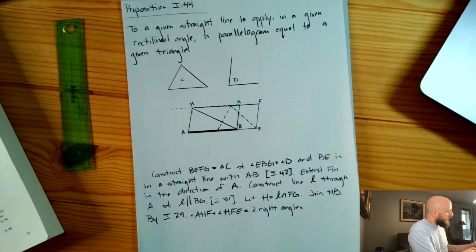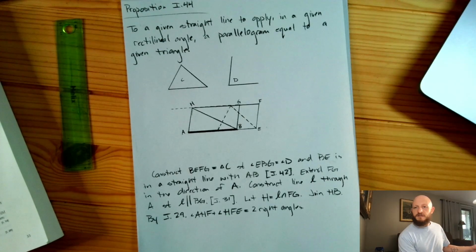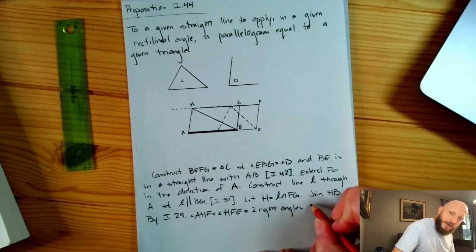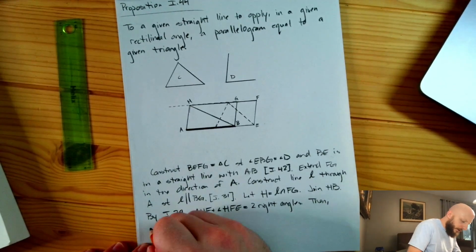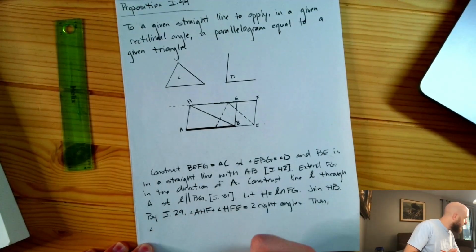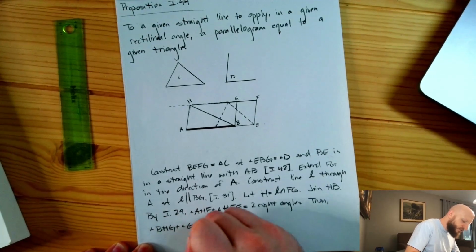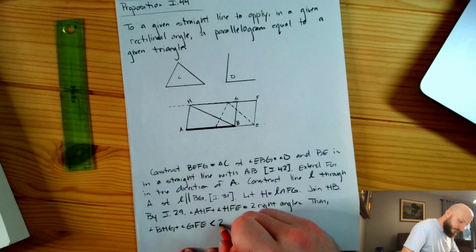And then he goes on and says, therefore, the angles BHG, GFE are less than two right angles, and straight lines produced indefinitely from angles less than two right angles meet, which is what postulate 5 says. So I might write it as, then angle BHG plus angle GFE is less than two rights.